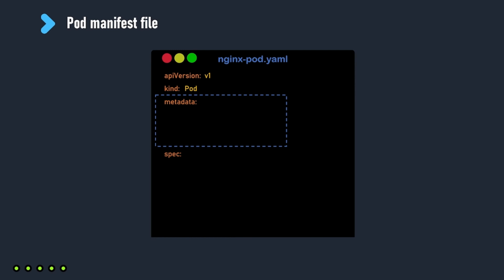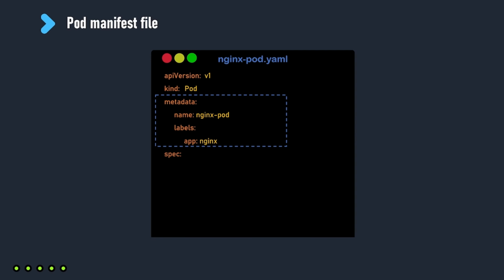In our case here, we will just give a name to the pod. We will call it nginx pod, and we will give one label to this pod, which is app: nginx, which must be defined under the labels property in the metadata section.